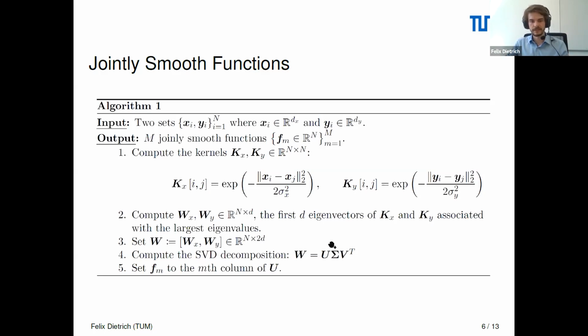And actually the singular values here, and I will not show this, but we have a proof in the paper, the singular values sort of sort all the functions by their smoothness on both data sets. So it's a really nice theoretical result as well.